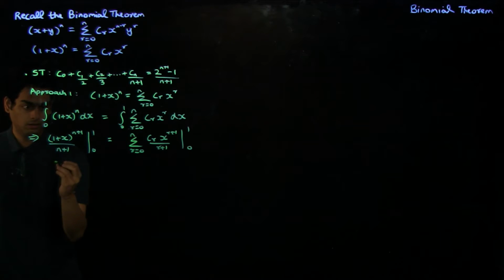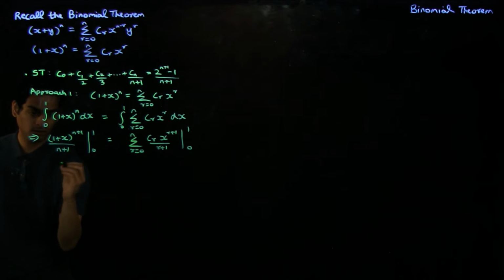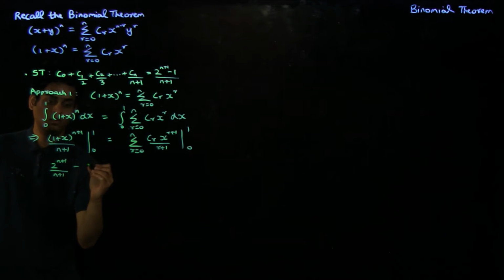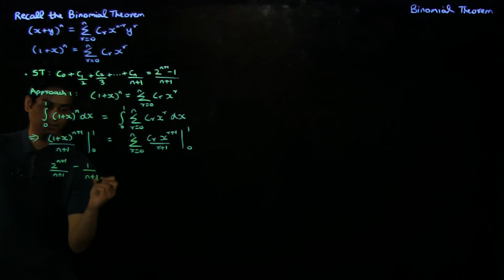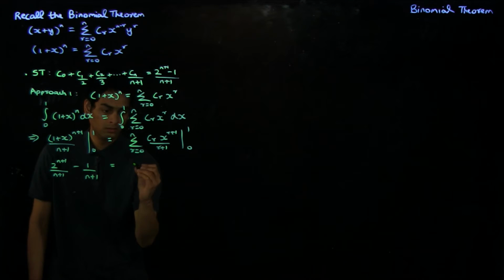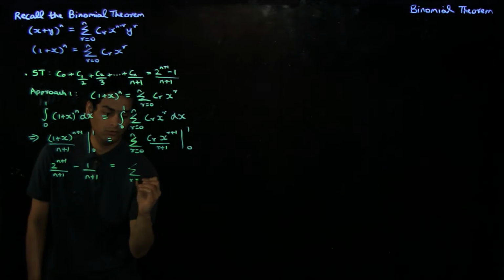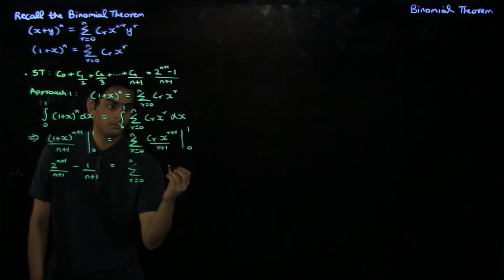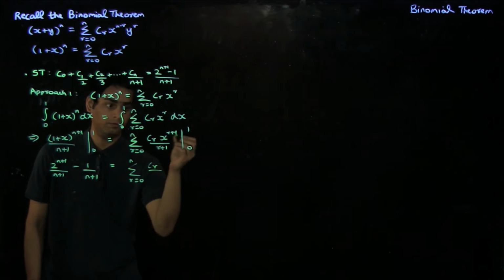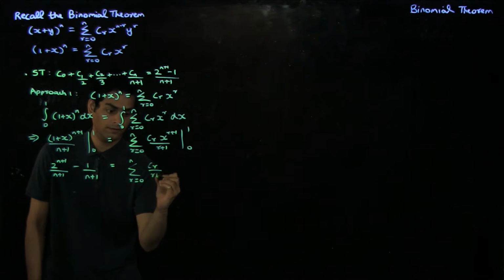The left hand side integral comes out to be 2^(n+1)/(n+1) for the upper limit, and minus 1/(n+1) for the lower limit. And the right hand side comes out to be the summation r equal to 0 to n of C_r times 1^(r+1), which is just 1/(r+1).